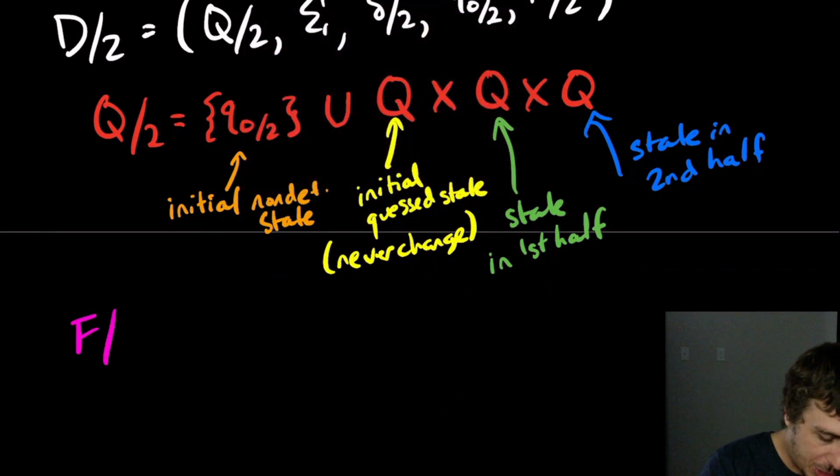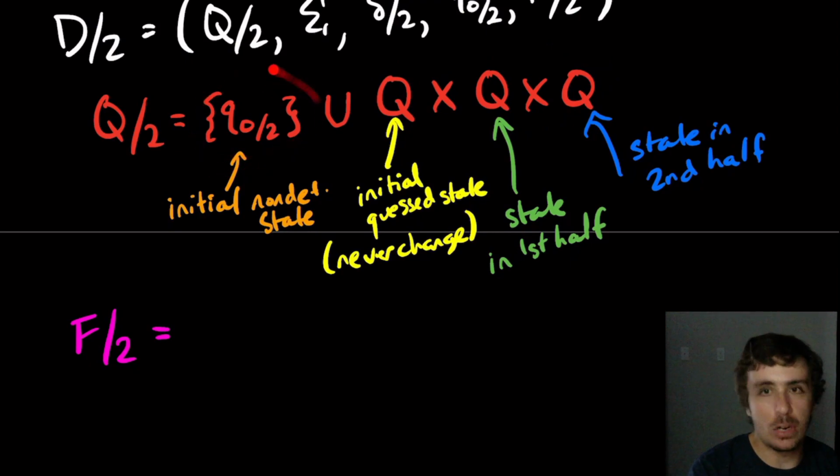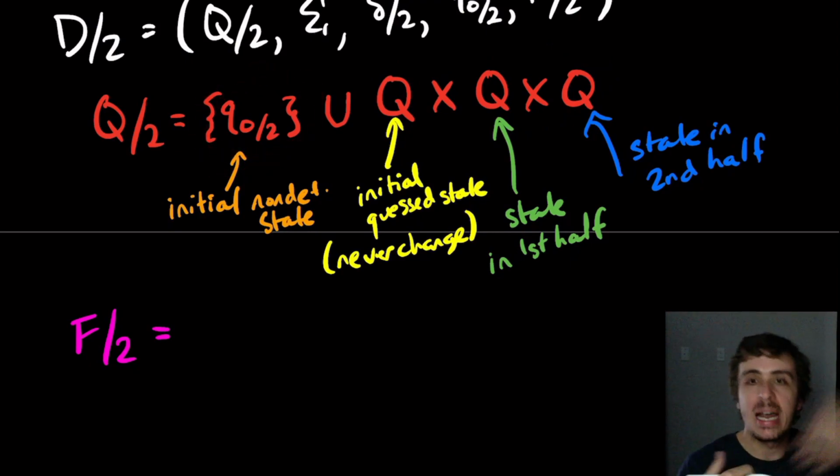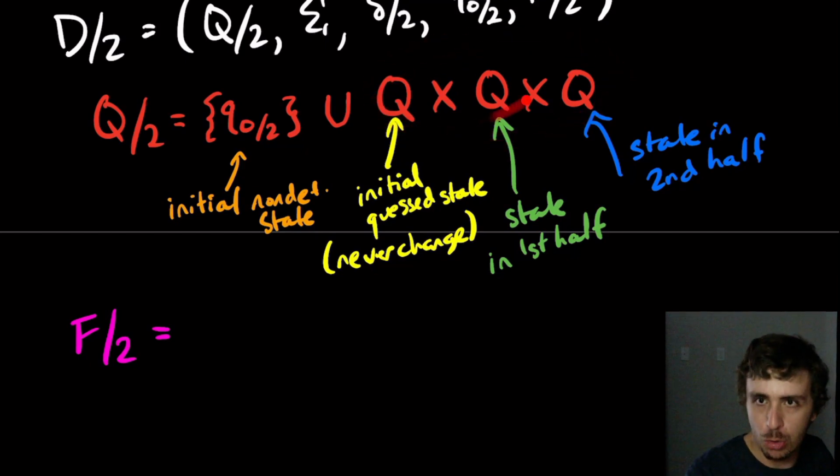So the final states in this new machine: this set right here is just all ordered pairs. This is never going to be a final state because we're going to epsilon transition anyway, so it doesn't matter. This is where the actual work is being done.